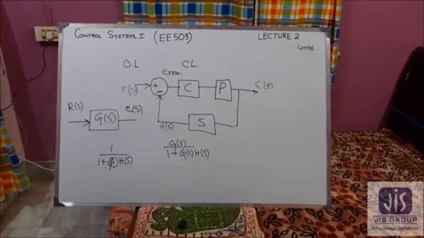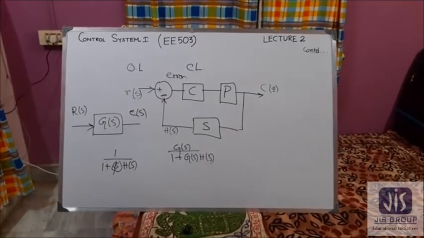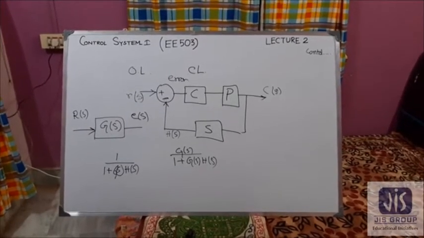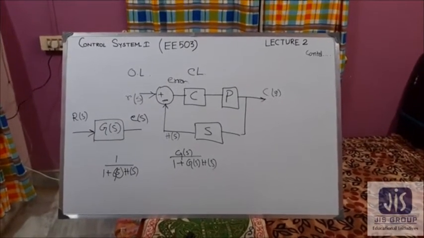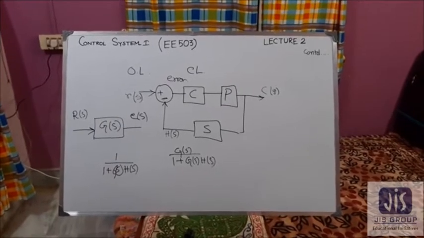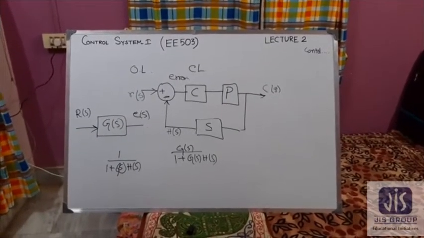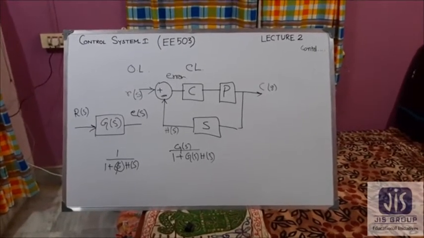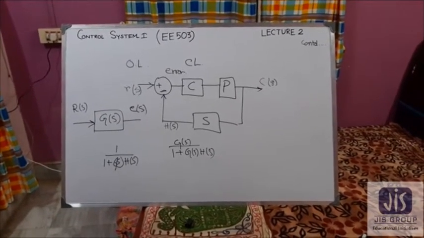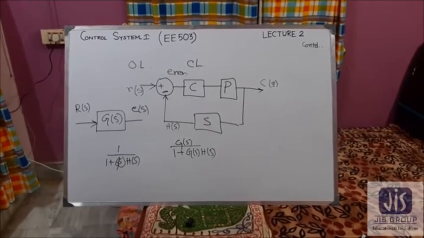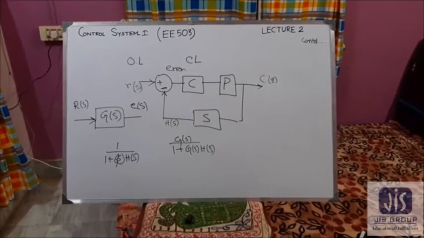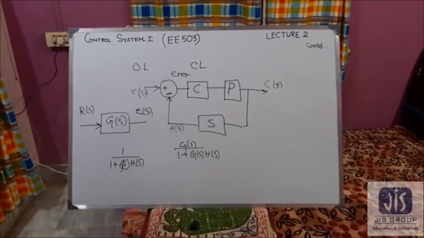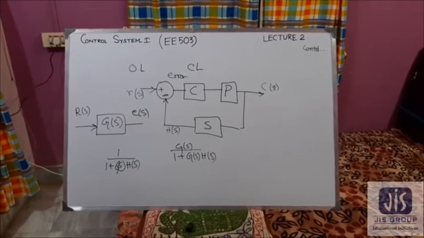However, the gain can also be increased by amplification. So this is the first effect. And another effect of using feedback is that the bandwidth may increase. It reduces the effects of noise and disturbance on the system performance, increases the accuracy of the system by reducing the steady state error, and also stabilizes an unstable system.